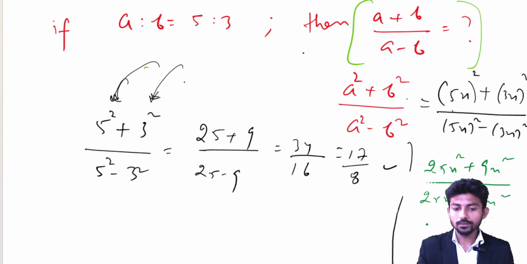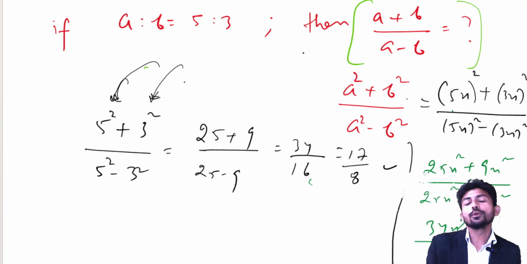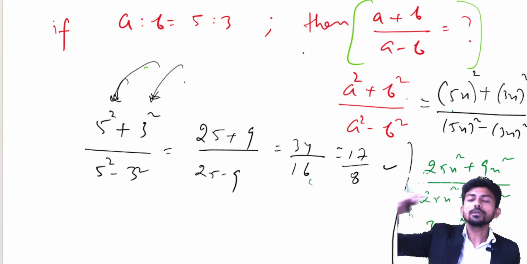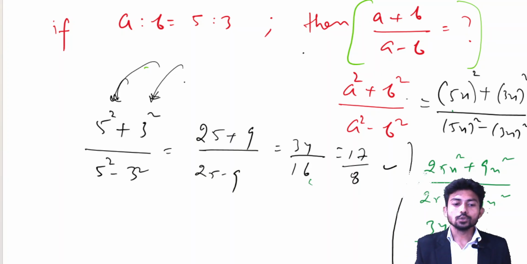So I'll be getting here 34x square over 16x square. So this x square and x square will get cancelled again. I'll be getting the same answer. So that's why we need not go for taking x, because ultimately when we know both of the terms in the numerator and denominator are of the same order, we don't need to take x along with that ratio term.